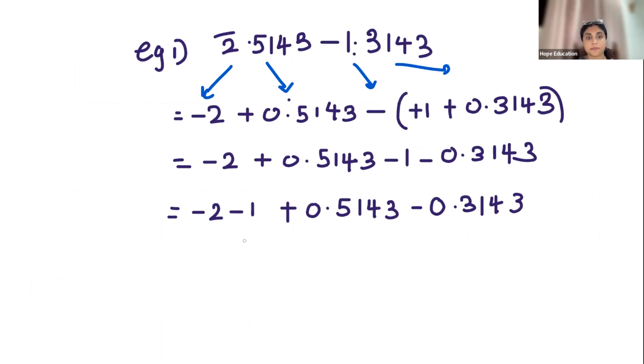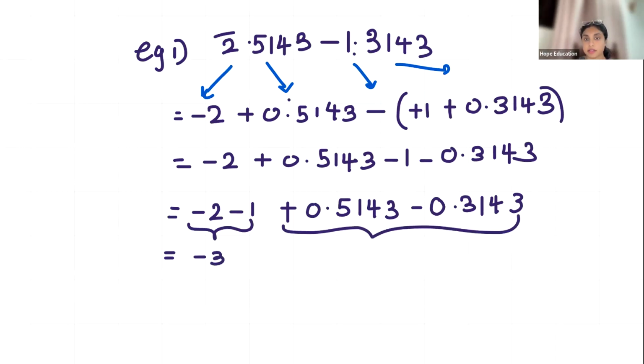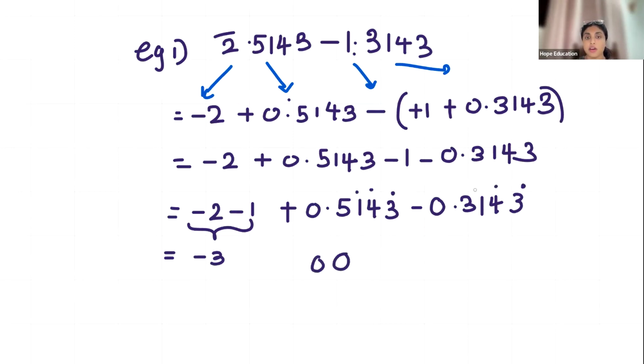Pasindu, Denuri? Okay, let me know. Now I simplify the characteristics. -2 minus 1 means -3. Then the mantissas I subtract. This one has plus, this one has minus, right? So I just subtract. 3 from 3 is 0. 4 from 4 is 0. 1 from 1 is 0. 3 from 5 is 2. 0 from 0 is 0. The sign of the larger one is plus, so I put plus here.